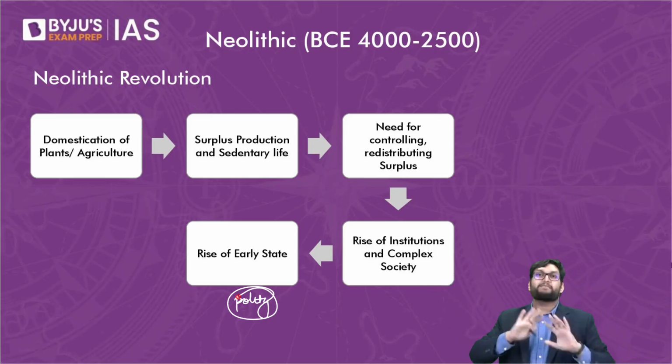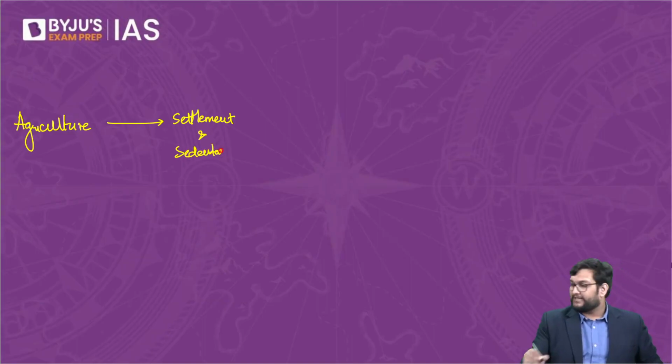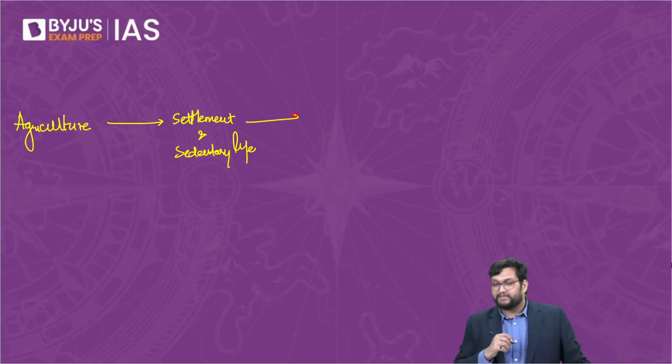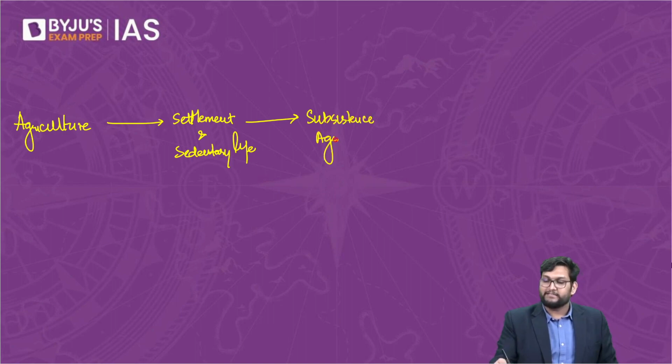The story is very straightforward. When there will be agriculture, pay attention, there will be settlement and sedentary life. If there is sedentary life, there will be what we call as subsistence agriculture, which will in turn lead to surplus.